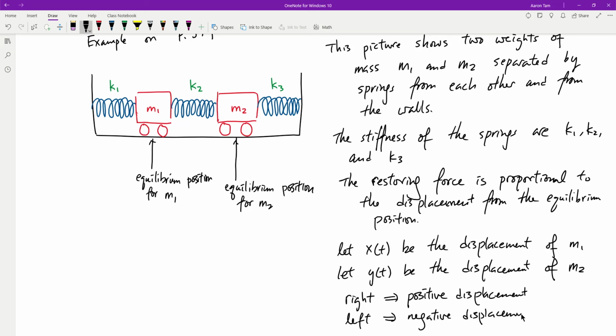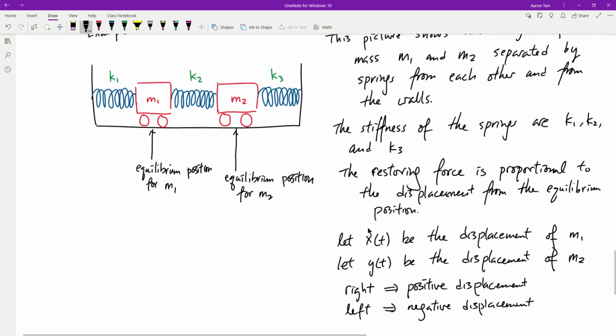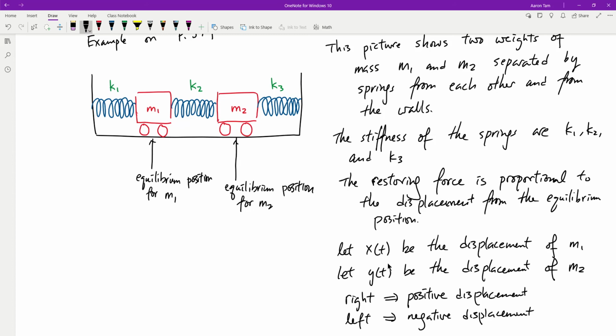And because of the way that it works, moving to the right is also considered a positive direction for forces as well as for velocity. And moving to the left is a negative direction, which would be negative velocity or negative force.